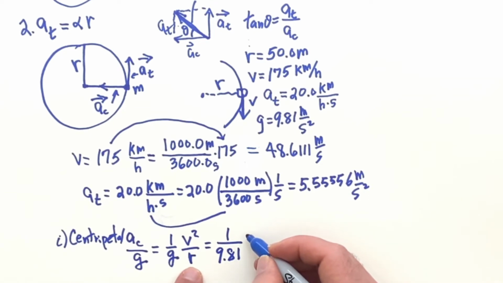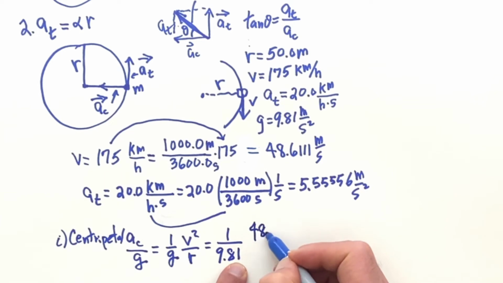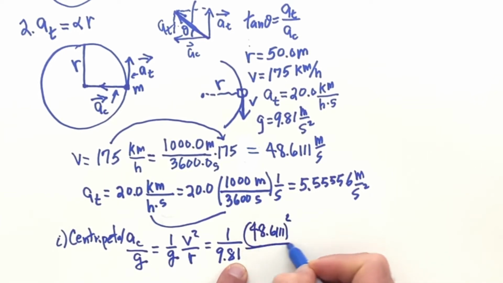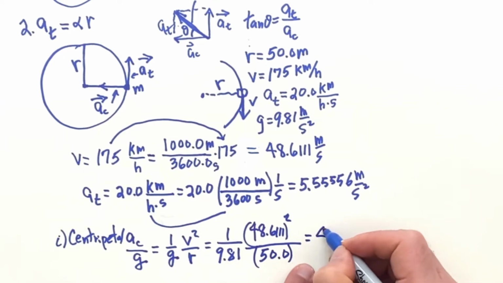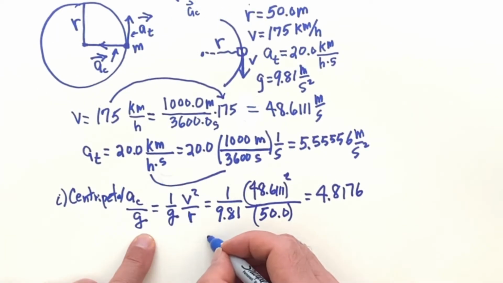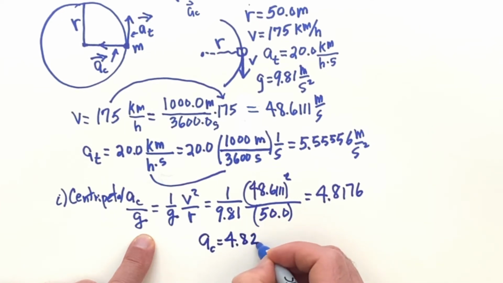So here we put in 48.6111 squared, and then you divide by the 50.0, and you get 4.8176. If you want to write this out, the acceleration is 4.82 g.